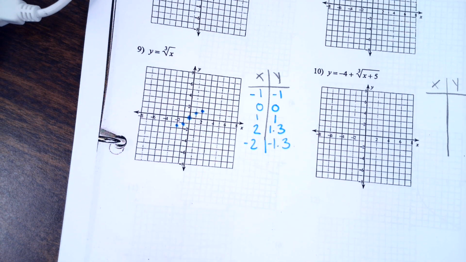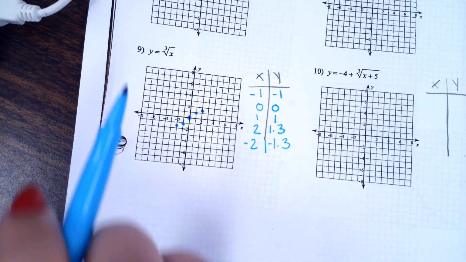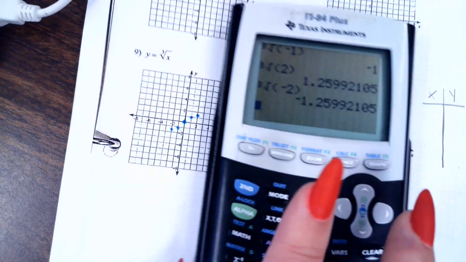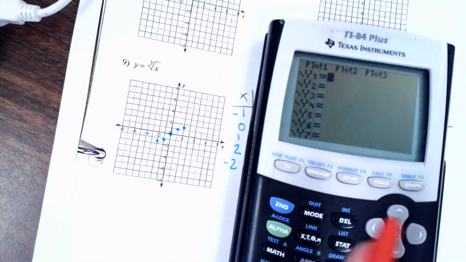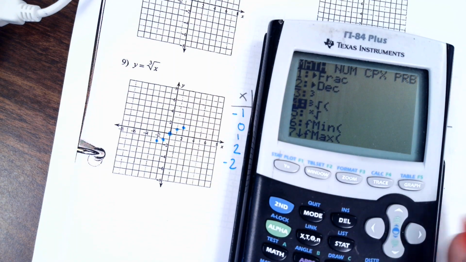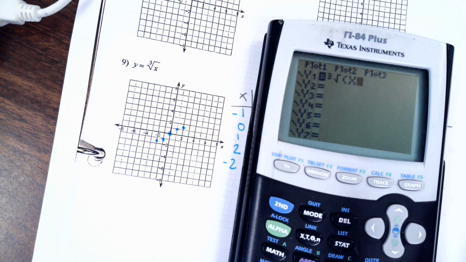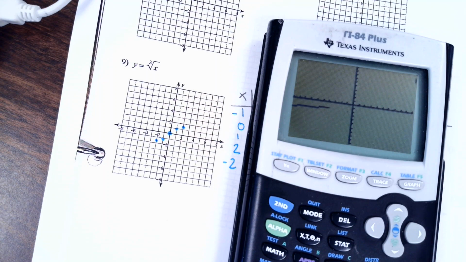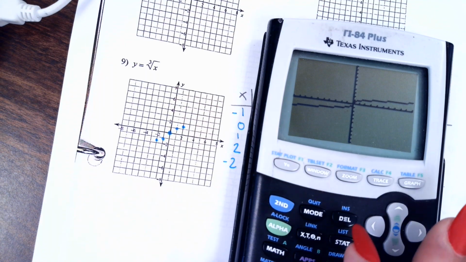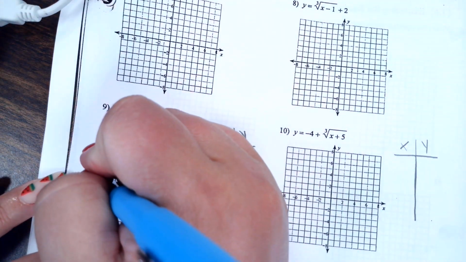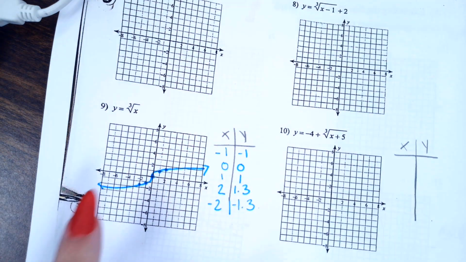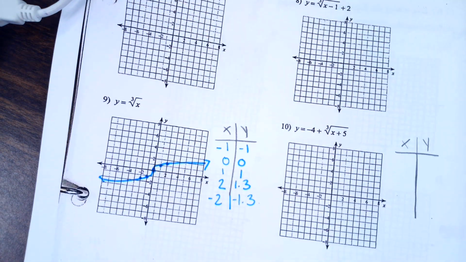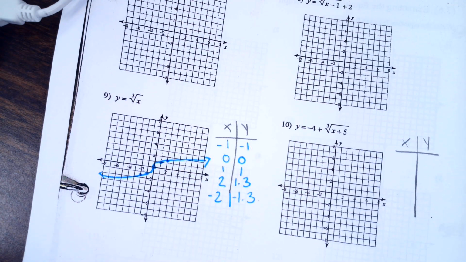It looks like it could look like a line, but we know this isn't a linear equation, so it's not going to look like that. So let's go ahead and graph it and see what it'll look like. So math, number 4, so cube root of x. So it starts from the left, kind of goes up a little bit, and then goes to the right. So start to the left, come up here, it does a little curve there, and then goes to the right forever.